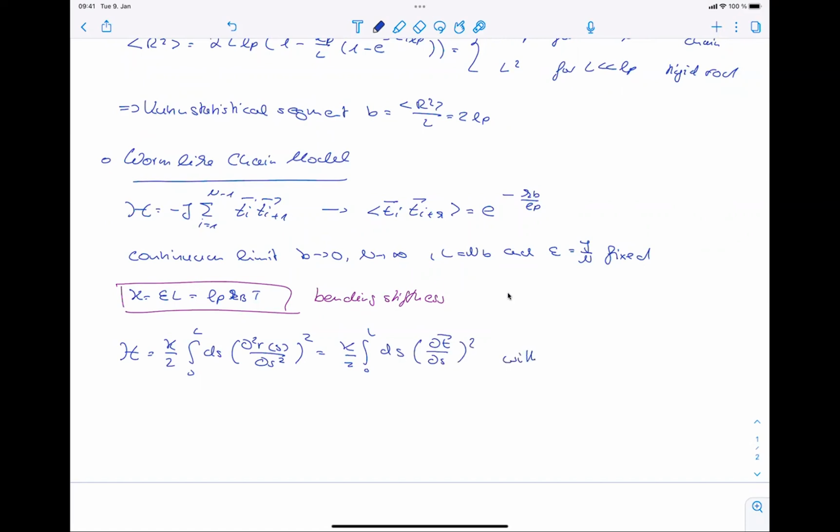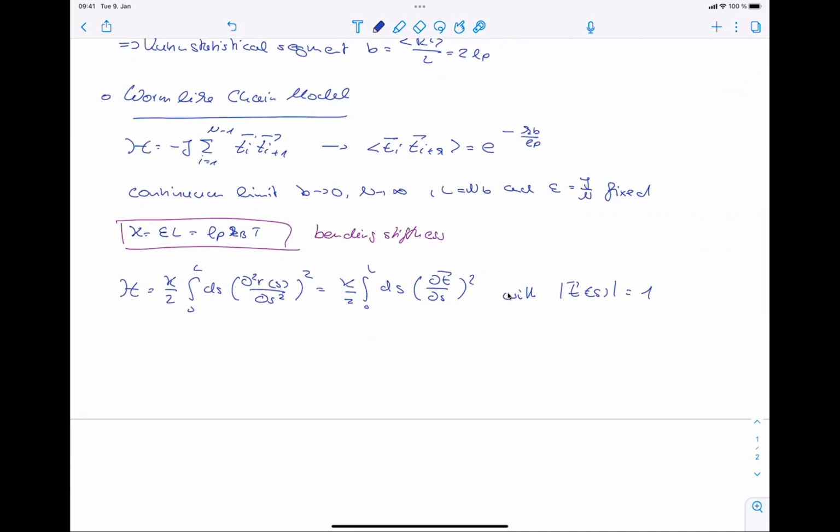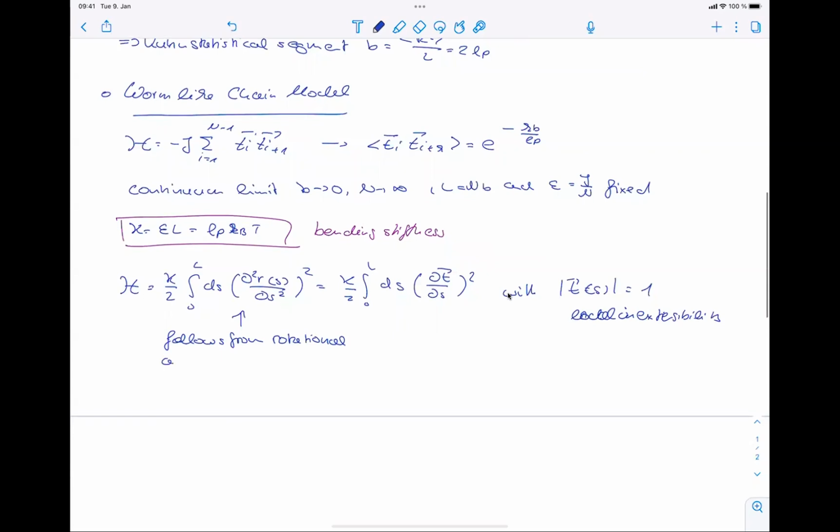The difference here is that we assume this tangent always to be 1, which is the local inextensibility. And this also follows from rotational and translational invariance.